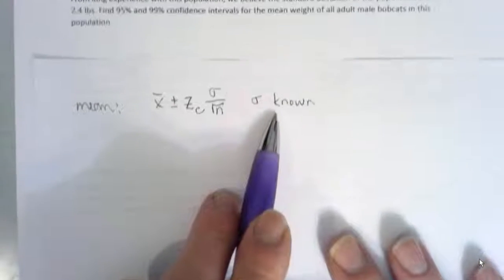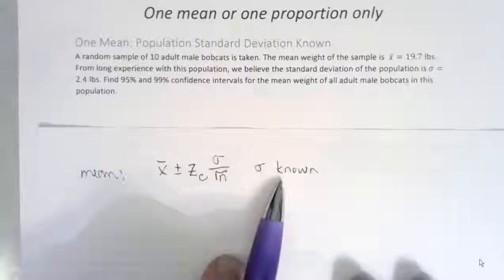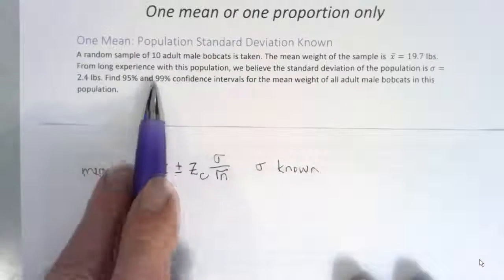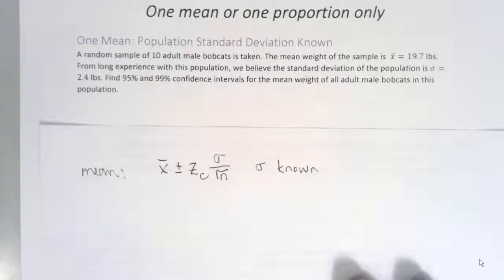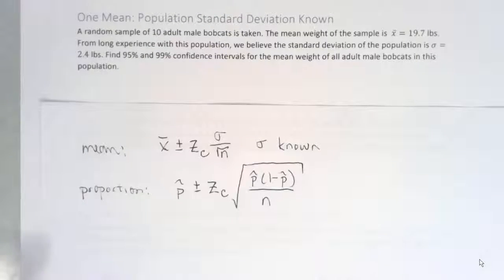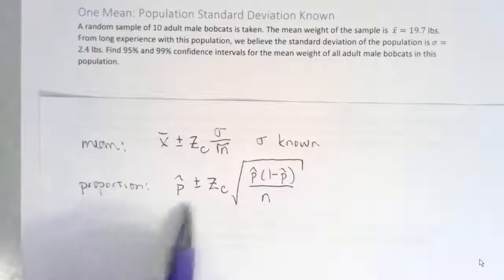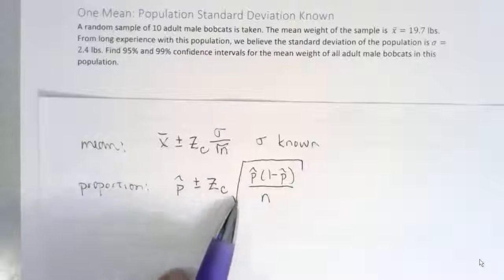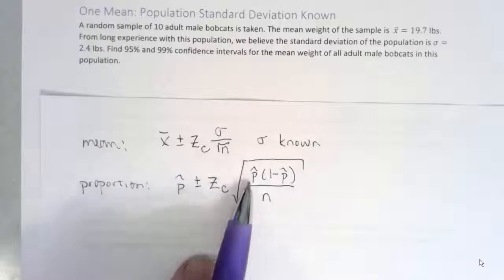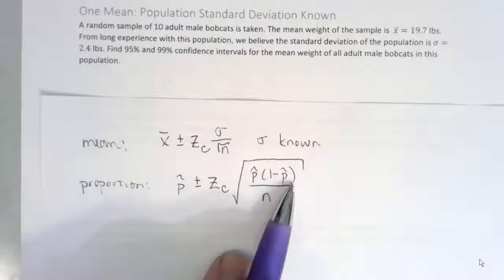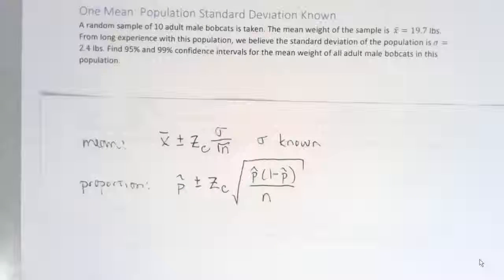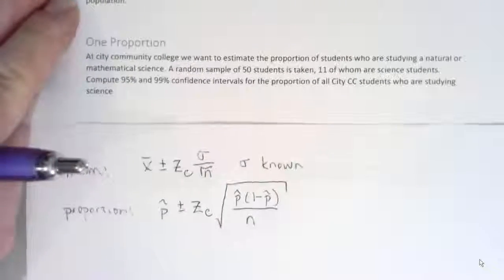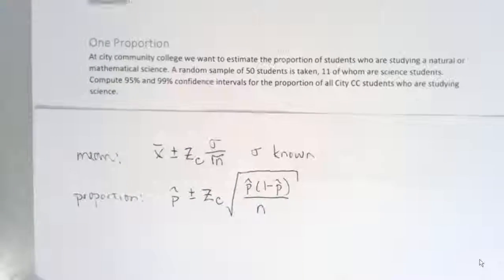You have to know the standard deviation of the population in order to use that. That's what we did in the first example. If you're trying to estimate a proportion, we use this formula. It's p hat plus or minus a z critical value times the square root of p hat times quantity 1 minus p hat, all over n. That is what we did in the second problem.